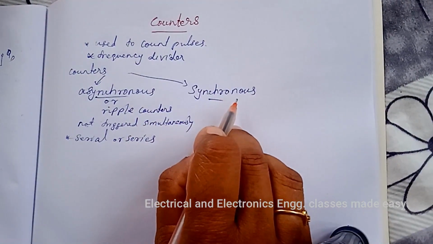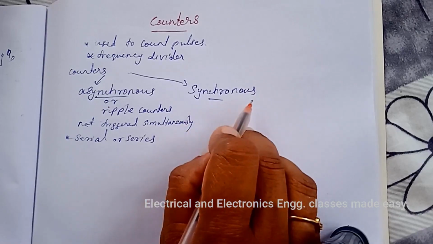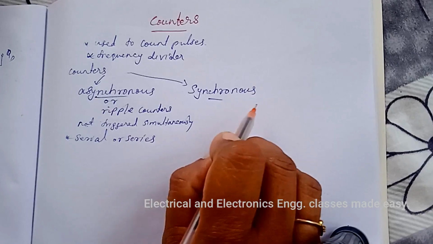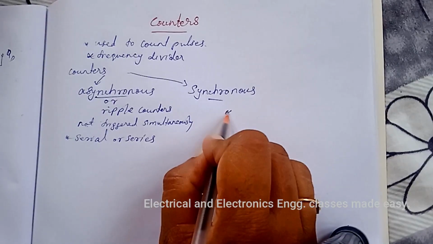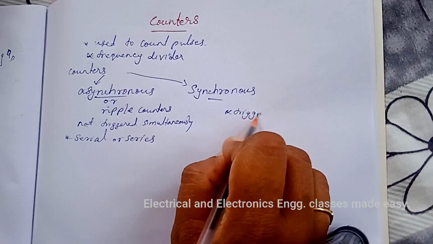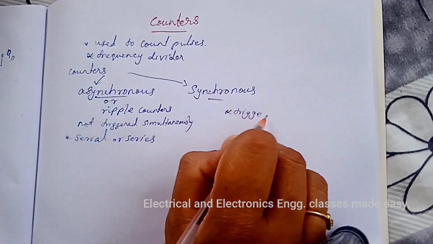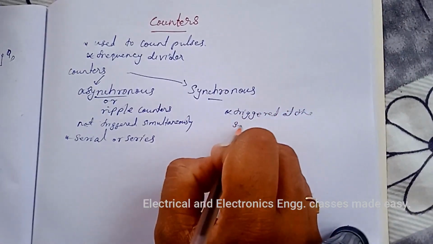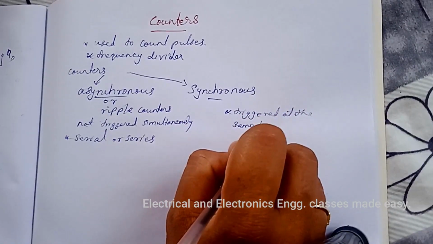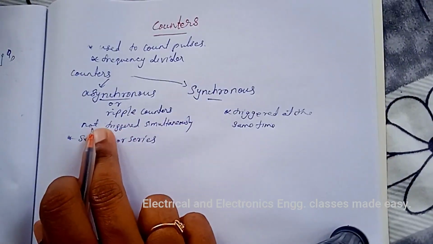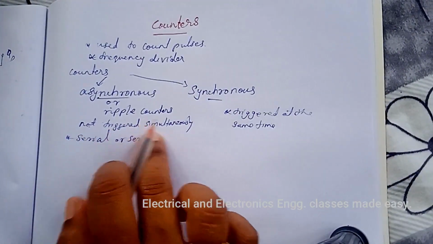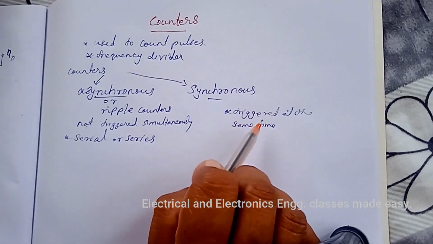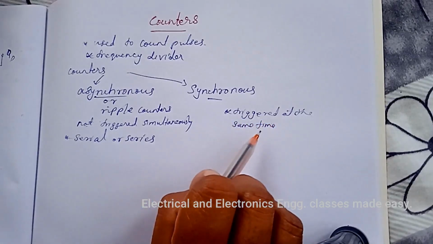In synchronous counters, these are clocked such that each flip-flop in the counter is triggered at the same time, whereas in a ripple counter, it is not triggered simultaneously.